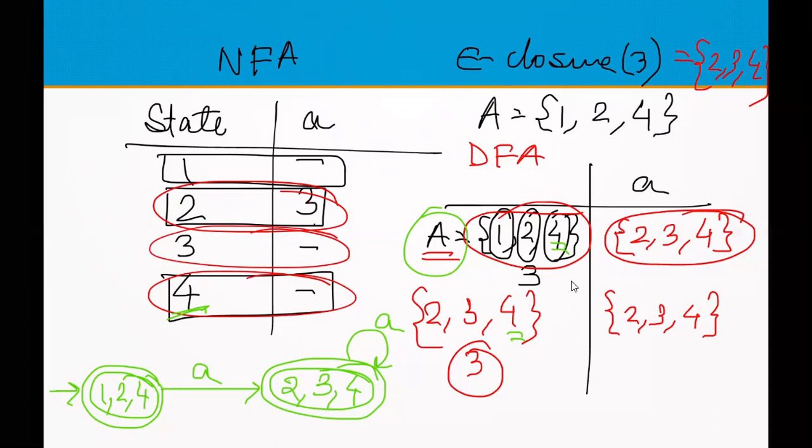So epsilon, the empty string, is accepted. If I get an A and I get any number of A's, that is accepted. So epsilon or A plus. This can be written as A star, that is 0 or more A's, that is accepted here.